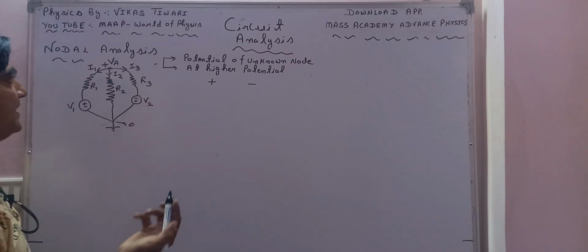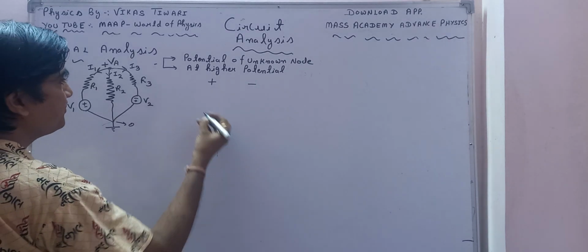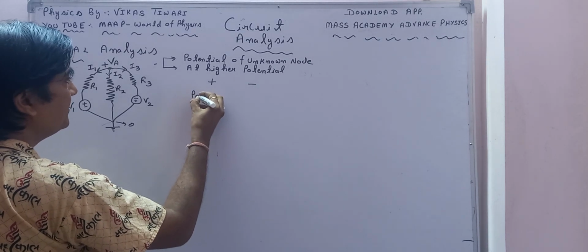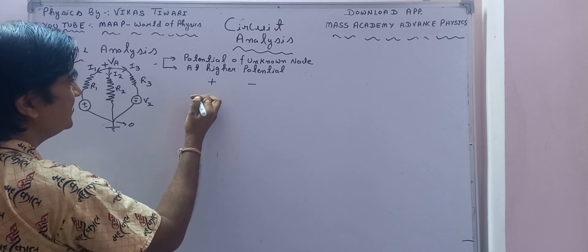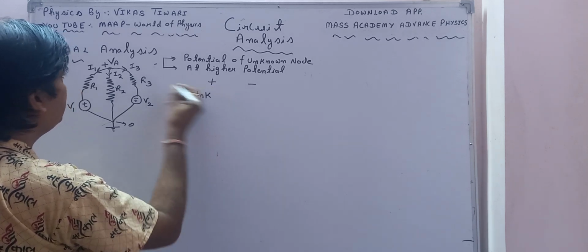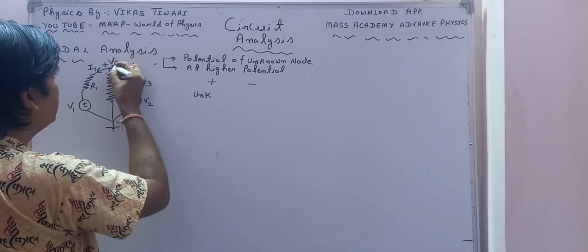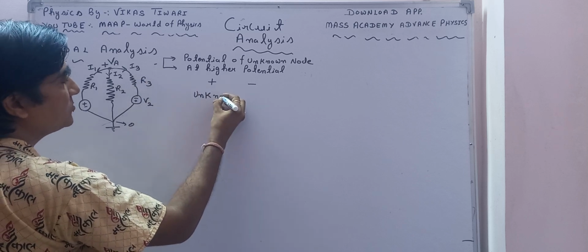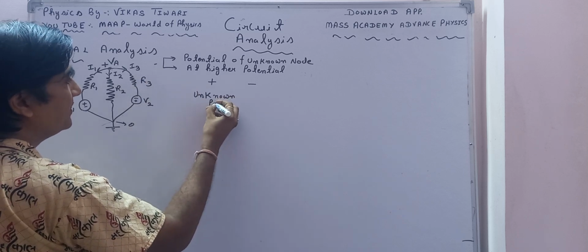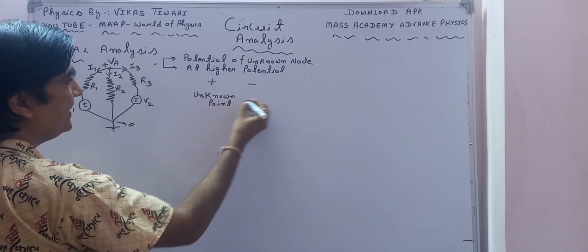A simple rule: the unknown voltage, the unknown point, in this case is point VA.